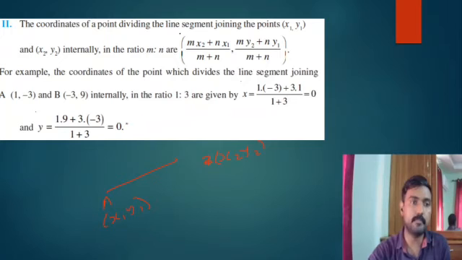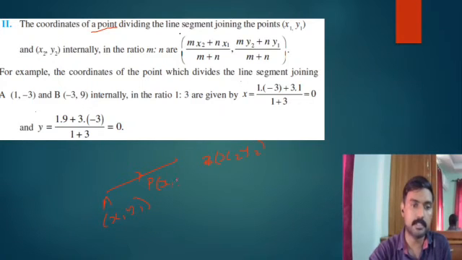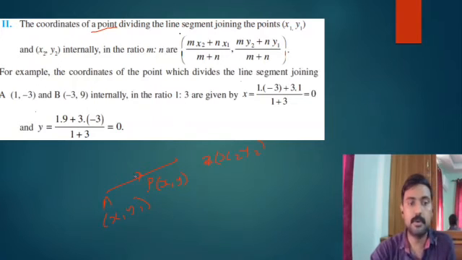If we mark a point P dividing this line segment, the point is (x, y), and it divides the segment in the ratio m is to n.